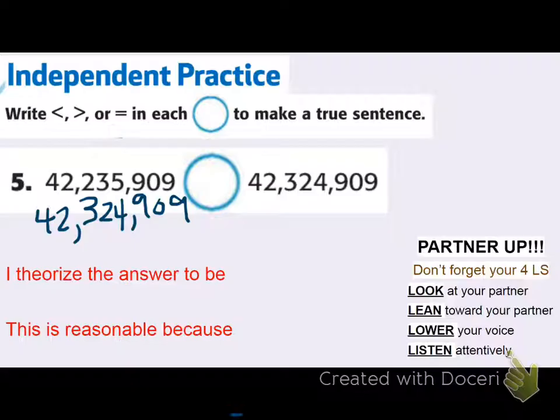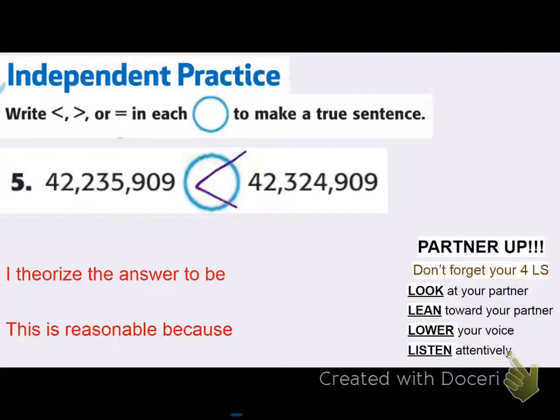I can see a difference here where we get to the thousands period, and I can see that 300,000 is larger than 200,000. So I can go ahead and put my answer as 42,235,909 is less than the second value.